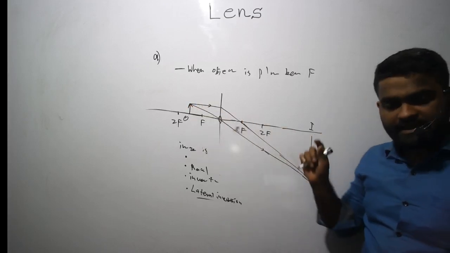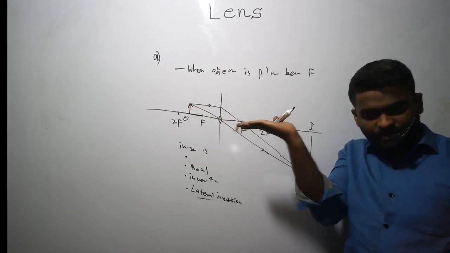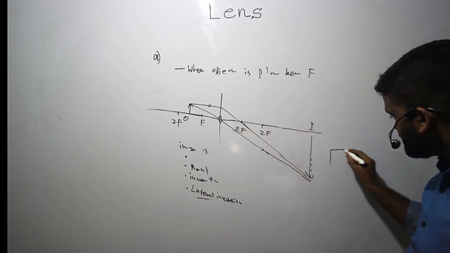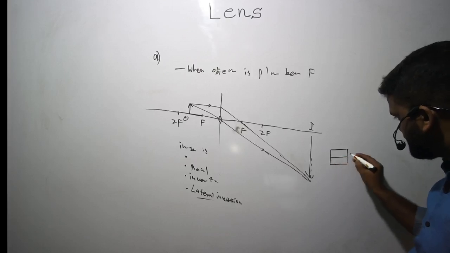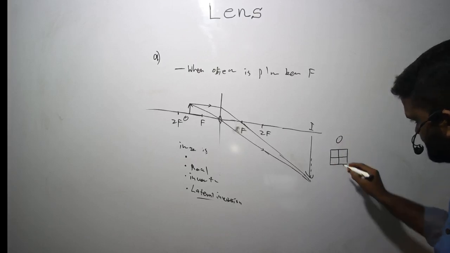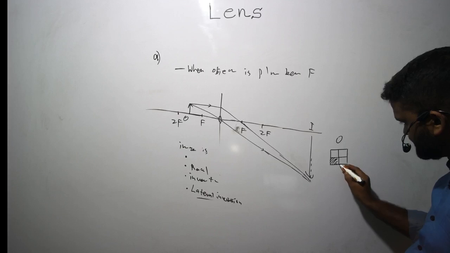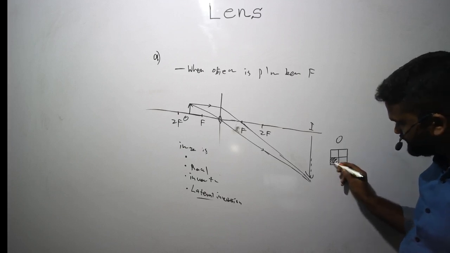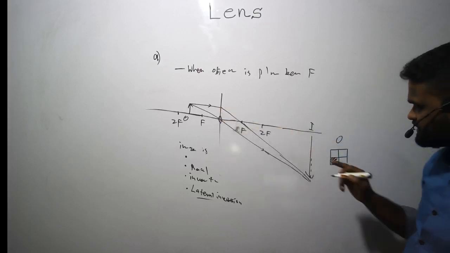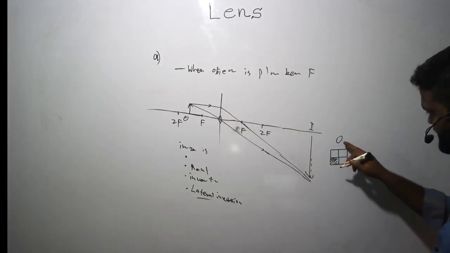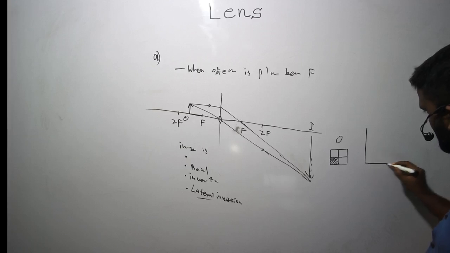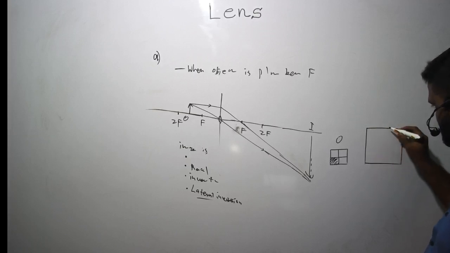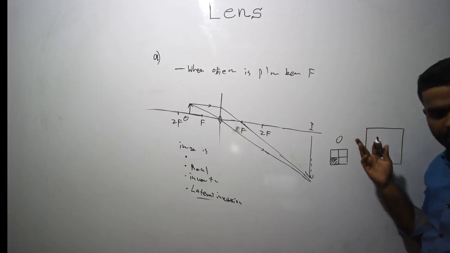The same thing happens sideways as well. So let's say this is the object. To identify that, we darken one square. According to this, the image of this is magnified.